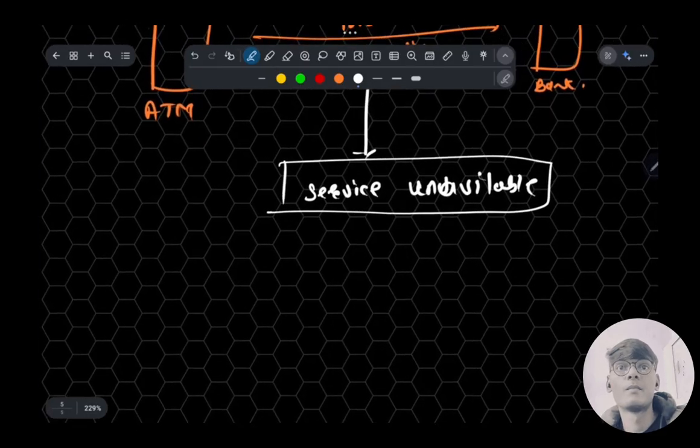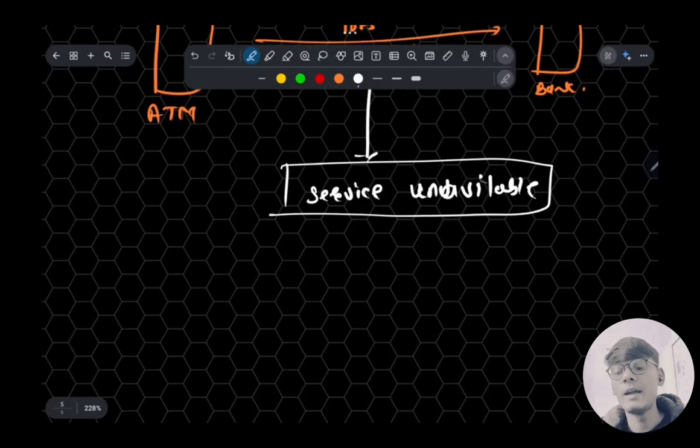But why does it say service unavailable? Because the bank would rather fail than let you withdraw money you don't have. They prioritize consistency over availability.